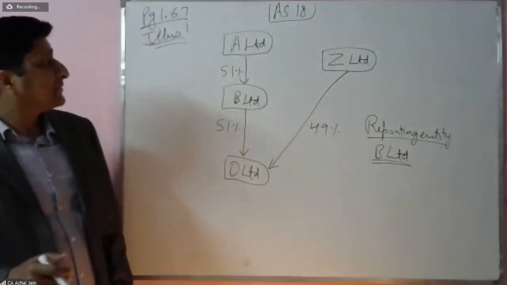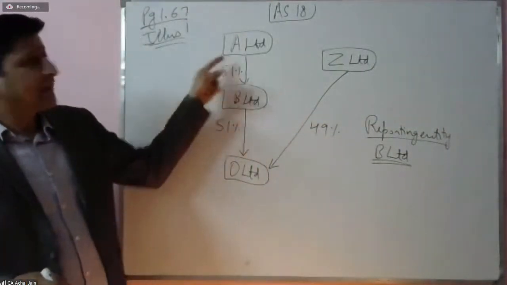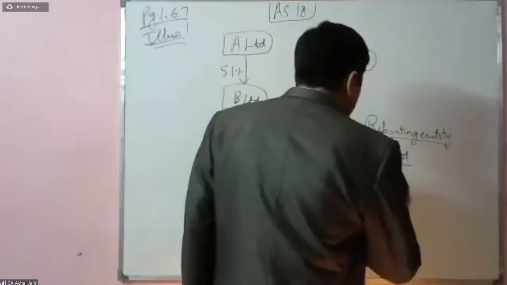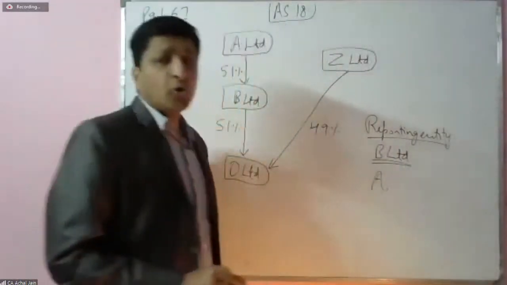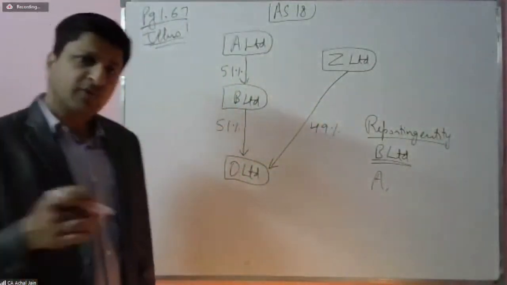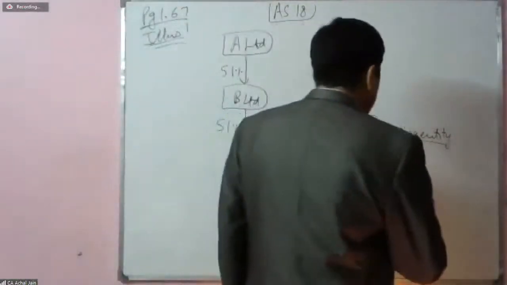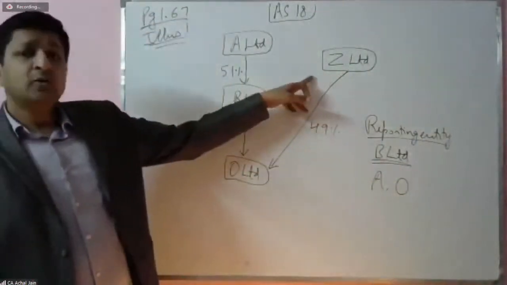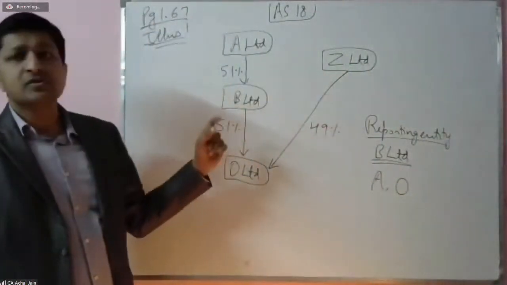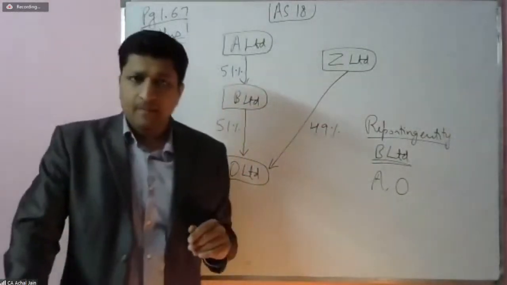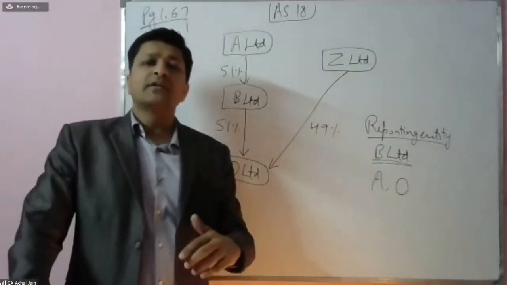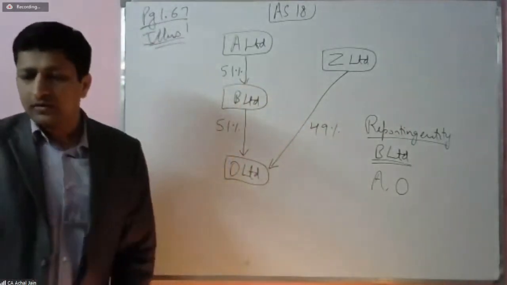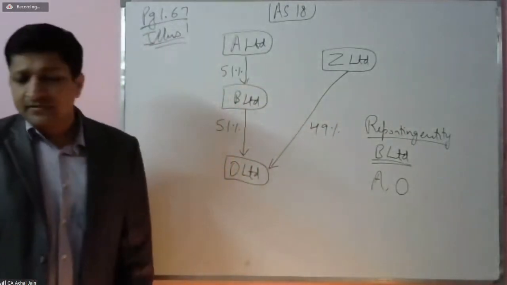Here again, if you look at B, A is the holding company of B. So A will be the related party. O is a subsidiary of B, so O will also be the related party. But if you look at Z, Z is a company that has made an investment in O similar to what B has done. So can Z become related to B? No. Okay.